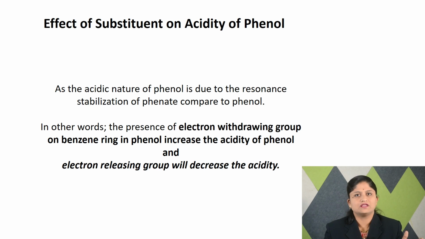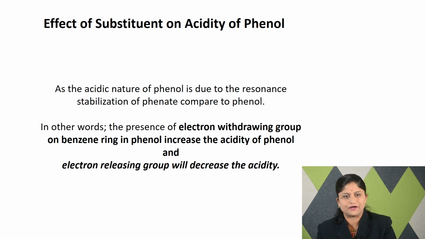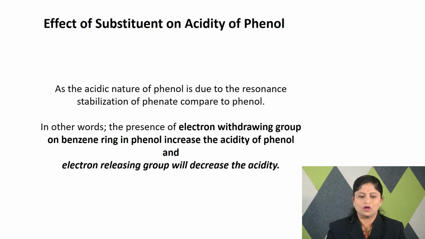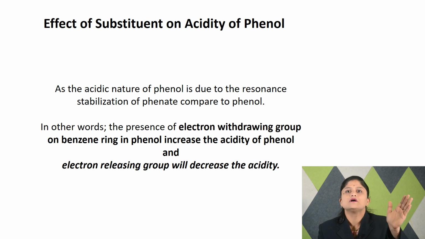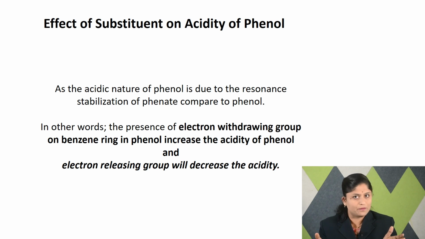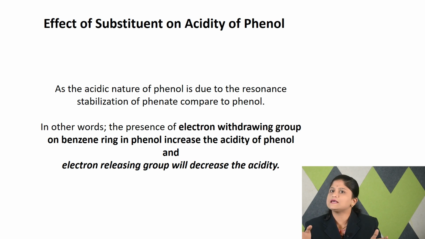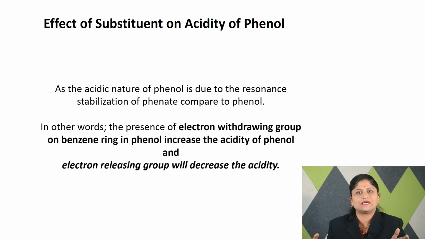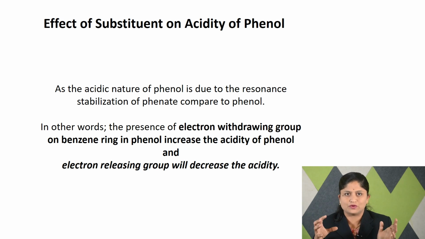Just now we talked about the acidity pattern of phenol. Phenols are stronger and more acidic than alcohols because they are immediately able to donate the H plus ion compared to aliphatic alcohol. As discussed in the last slide, due to the formation of the phenoxide ion, it is able to give resonance contributing structures.